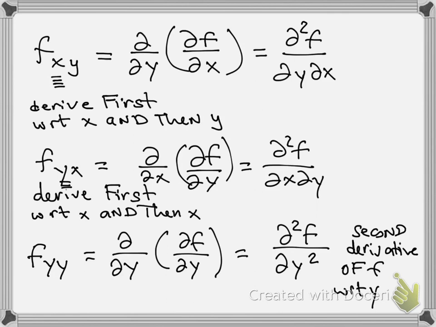And of course you can have a third order derivative. For example, f of xxx means you derive 3 times with respect to x. You can do xxy, that's you derive twice with respect to x and 1 time with respect to y. You can do yyx, that is you derive twice with respect to y, and then you derive with respect to x. Okay, etc.